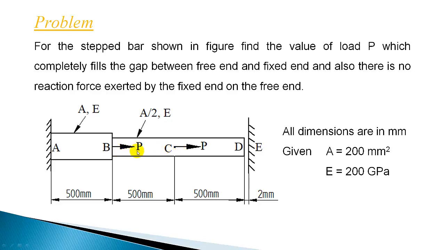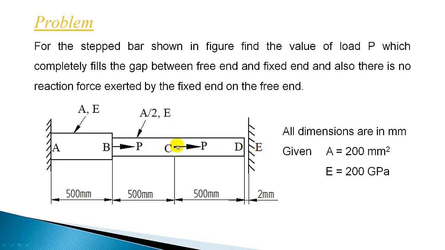So when this force P gradually increases, the gap fills. So we need to find out what amount of force completely fills it without any reaction produced from the fixed end. So there should not be any reaction force acting at D exerted by the fixed end.